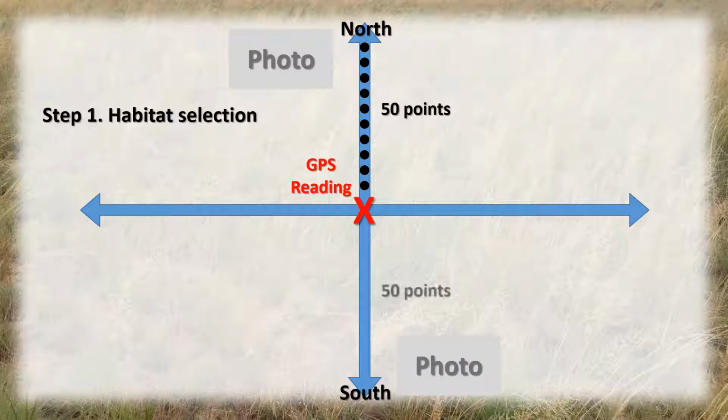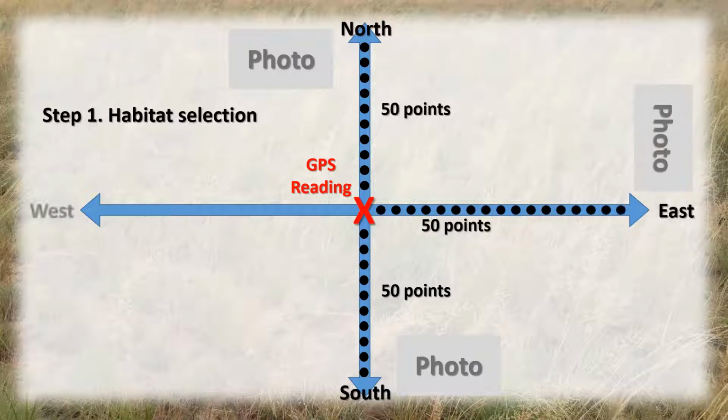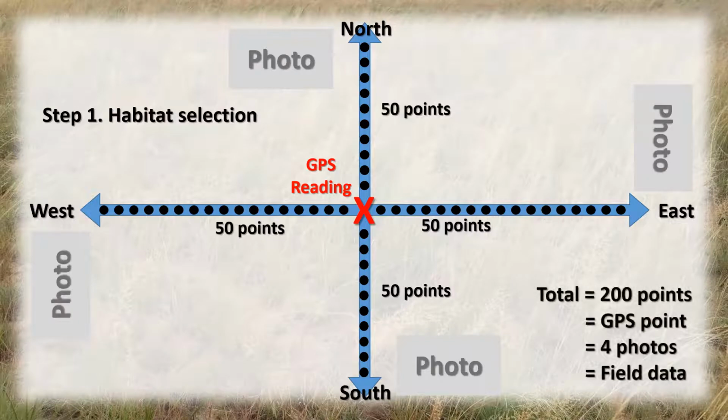Another photograph, another 50 data points, and you do east, another photograph, 50 data points, west, photograph, data points. So looking at this, you've got 4 basic photographs, you've got 200 data points, you know where the center point of your plant community is, and you've got all the data you need for this assignment.